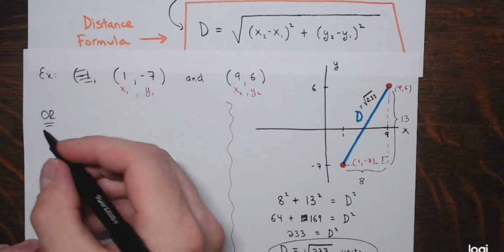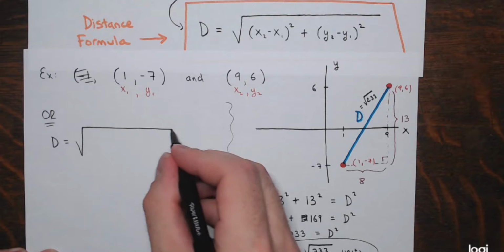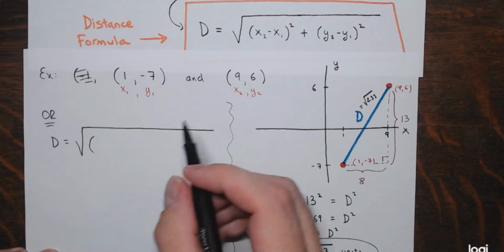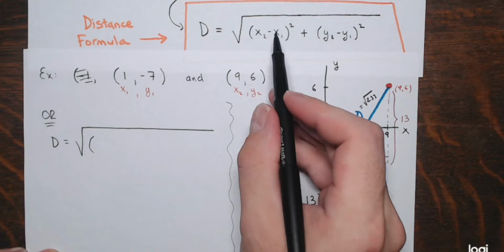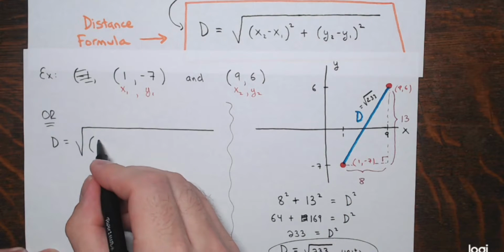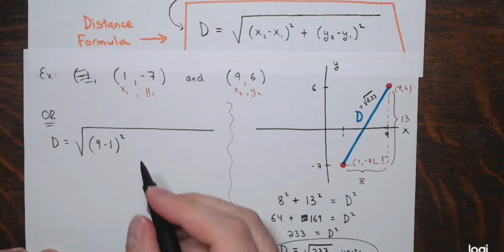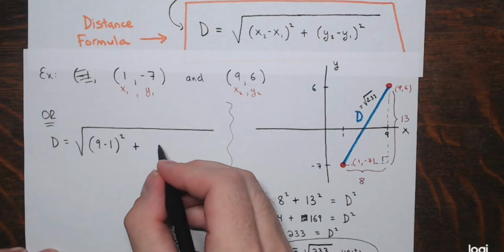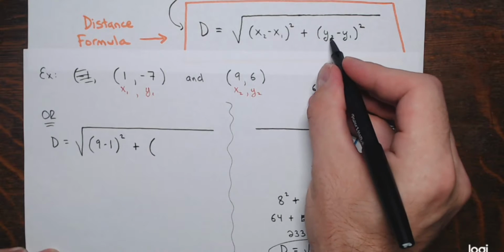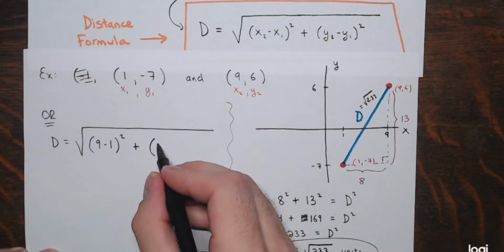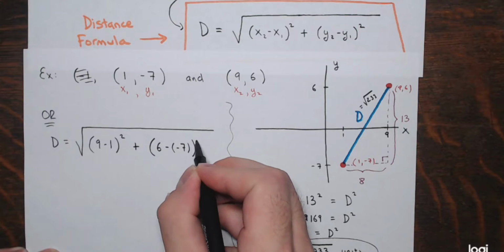So we have d equals the big square root of, and then just replace: the change in x, subtract the x coordinates, 9 minus 1, and square that. Still inside the square root, we add and do the same thing with the y coordinates, y2 minus y1, 6 minus -7, and square that.